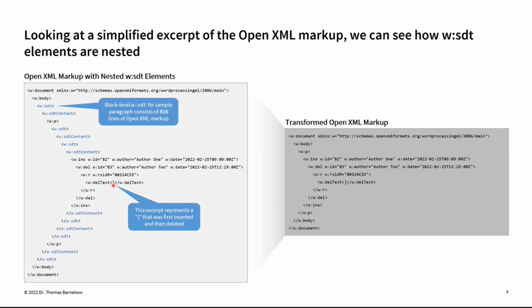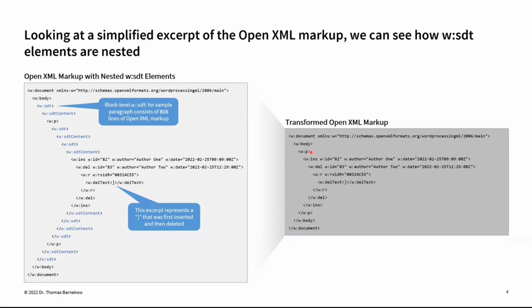All of this was to show a closing square bracket that was once inserted and then deleted. The cleaned up markup, which obviously requires some recursion to do, looks like the markup on the right.